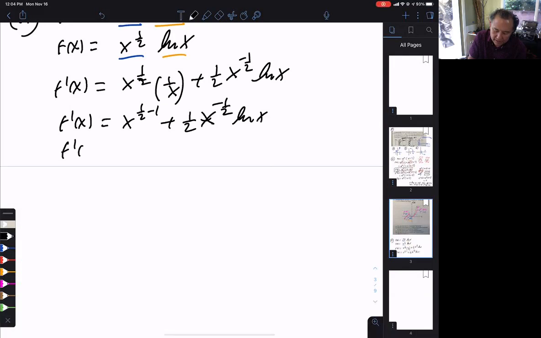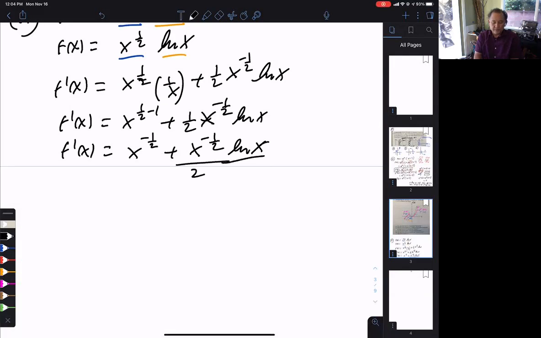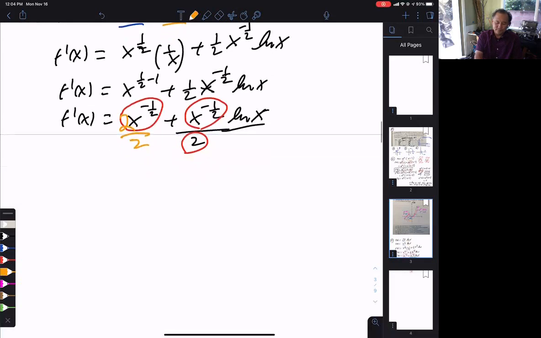So this simplifies to x to the negative 1/2 over 2, plus x to the negative 1/2 over 2 ln of x. I have a common factor. I can factor out the x to the negative 1/2 and the 1/2. And again, some say, you don't have a 1/2 on the first one. Oh, yes, I do. You just don't see it.